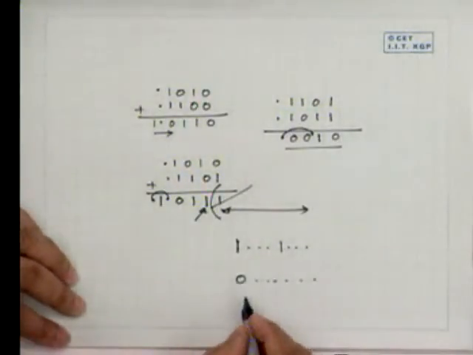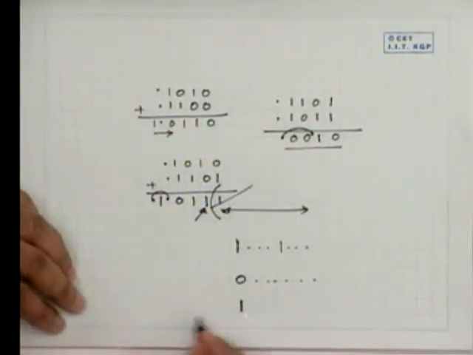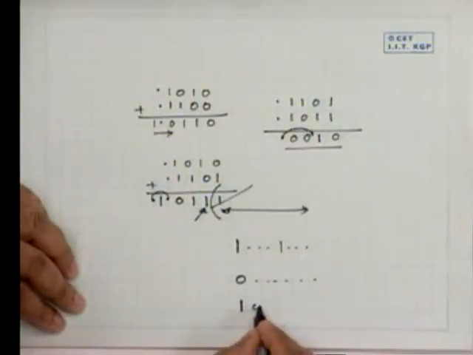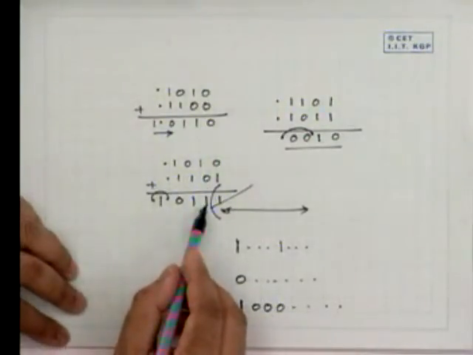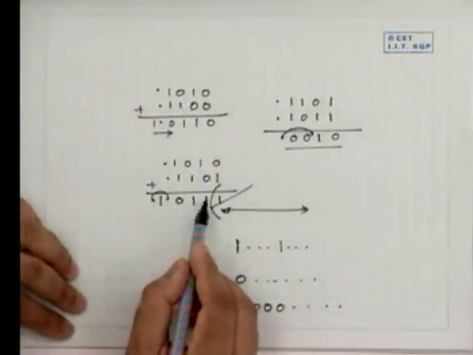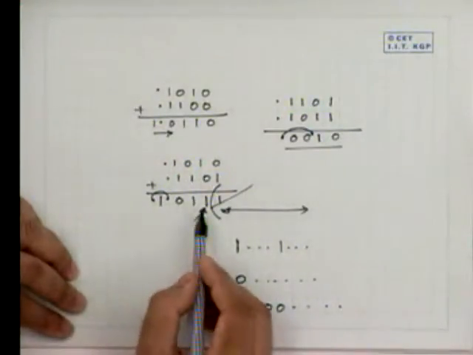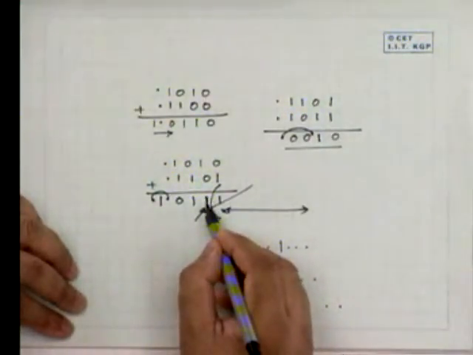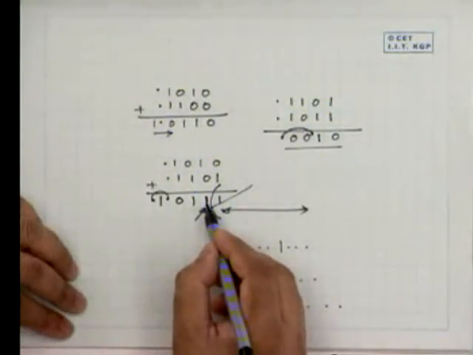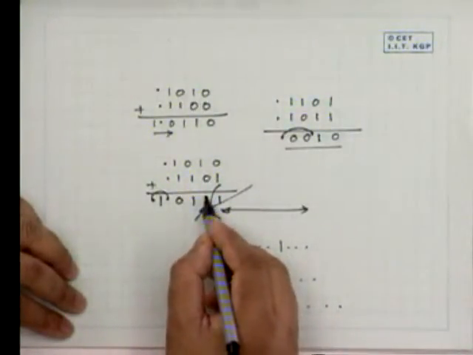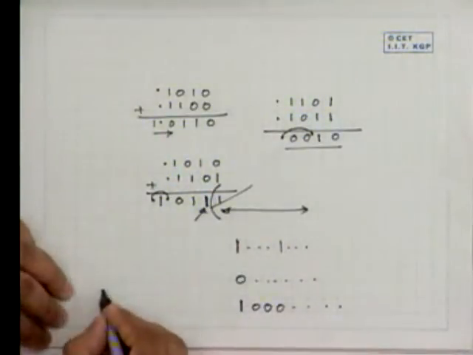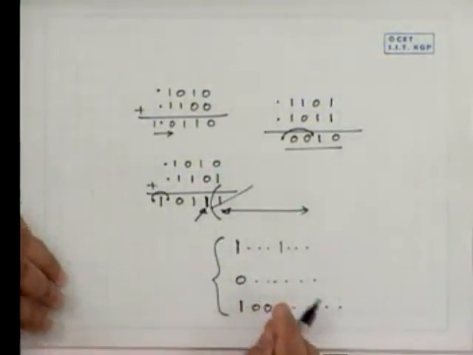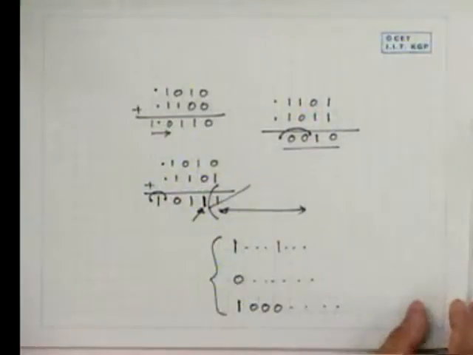But if the first bit of the discarded bit pattern is 1 and you have all zeros after it, then change the bit pattern to an even number. That means if it is 1, you increment it to 0, or if it is 0, you keep it as such. That can be the rounding rule, a simple rule which can be applied for rounding here.